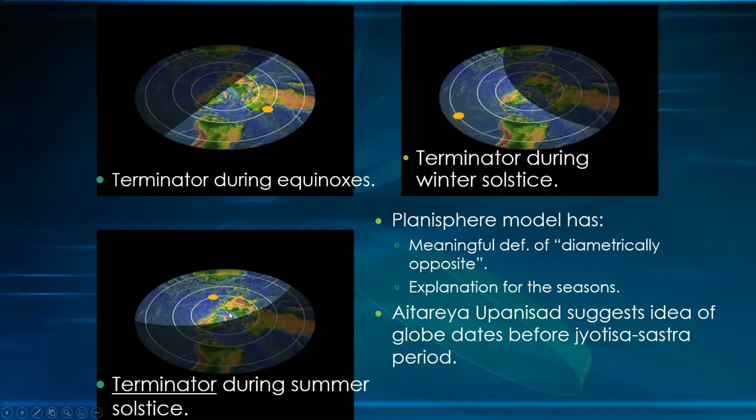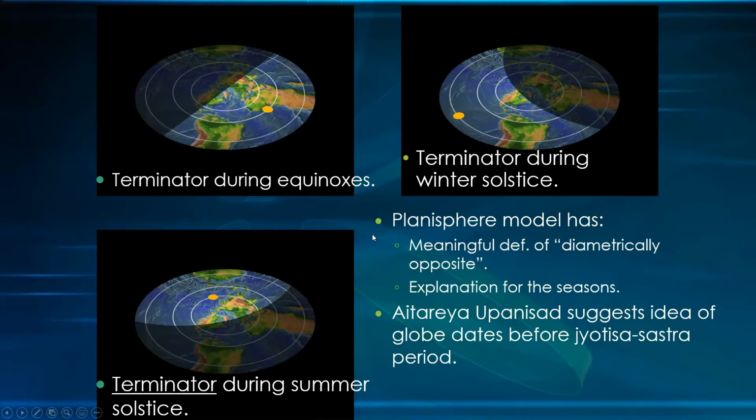During the summer solstice, when the sun comes closer to the north, at the point of the Tropic of Cancer, then this terminator, this sharp line that divides the day and the night, it curves, as you can see here, illuminating most of the north.